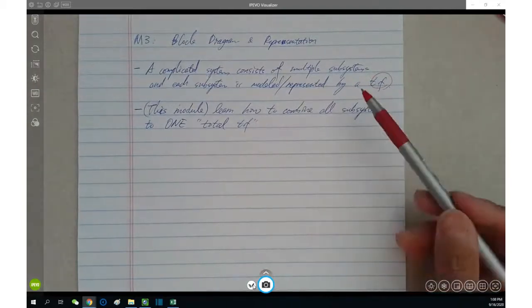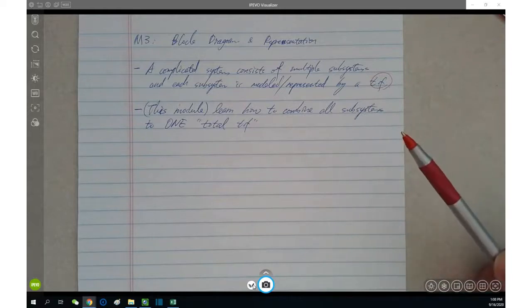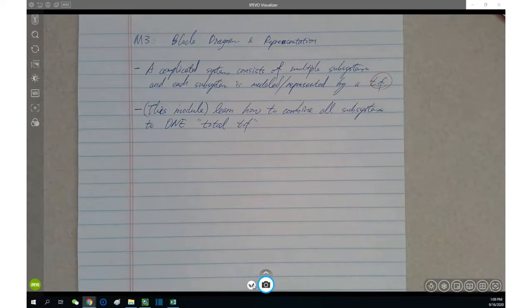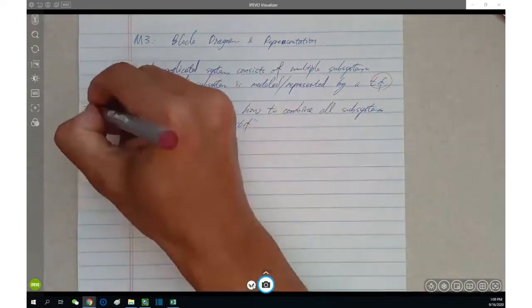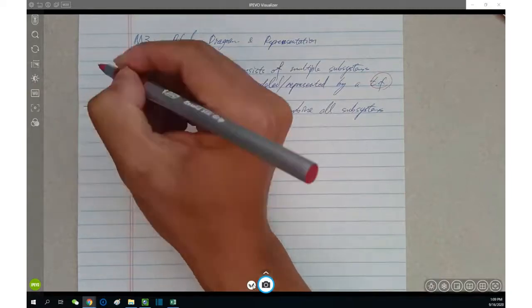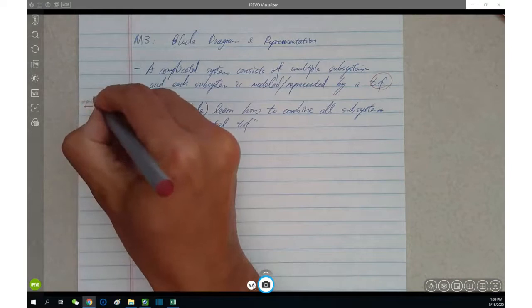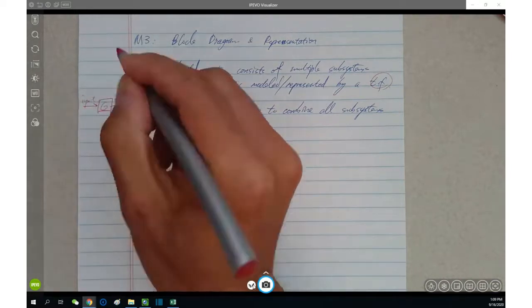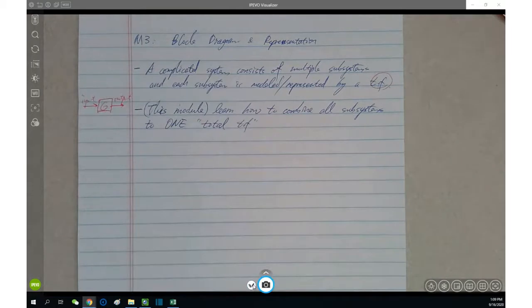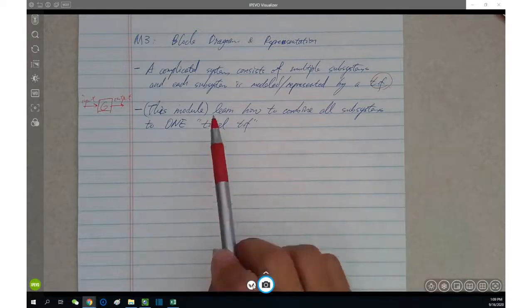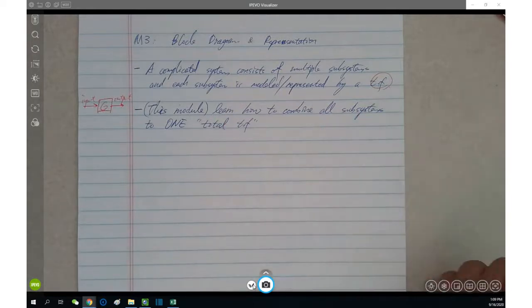There are multiple systems, multiple transfer functions. Each one is a transfer function block like this, maybe named G, with one input and one output. You have multiple of them, and they are interconnected somehow, and in this module we learn how to combine all of them to find the total transfer function.